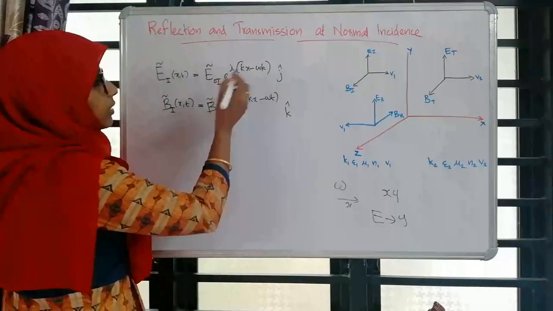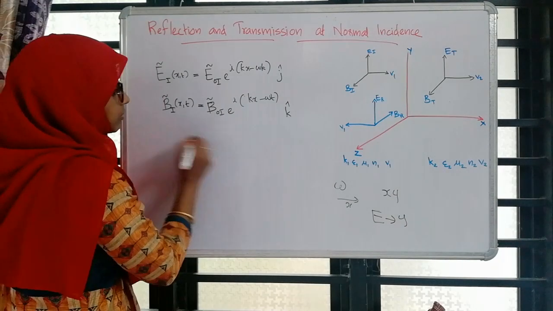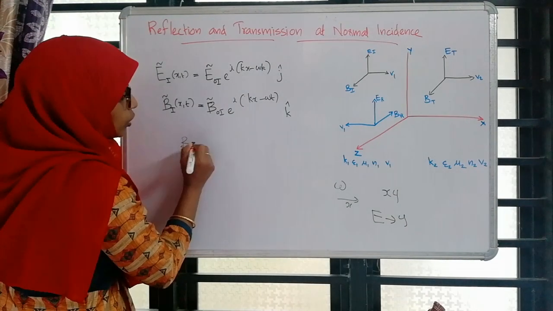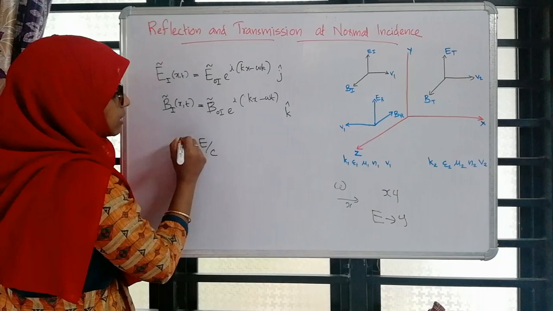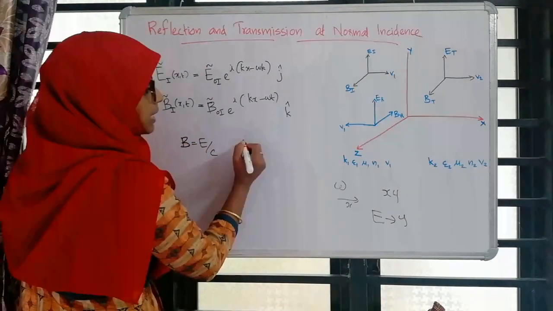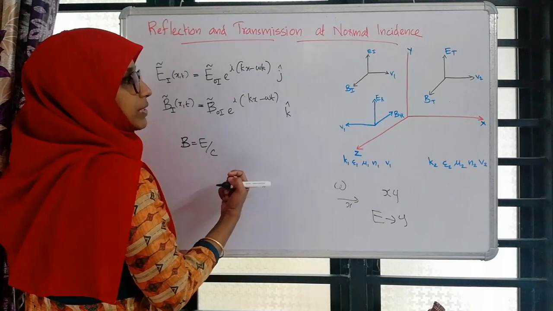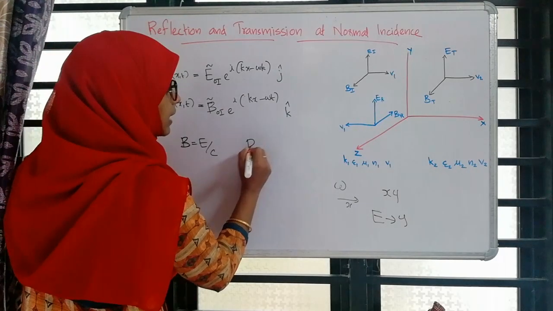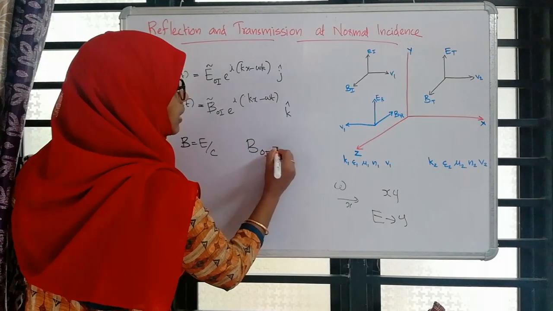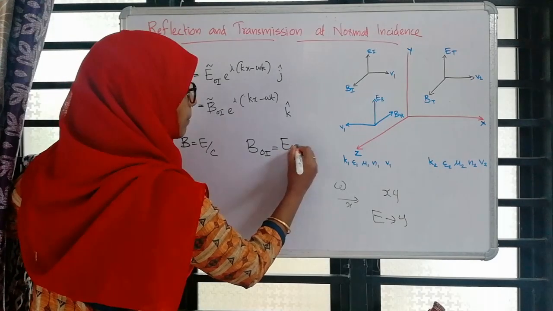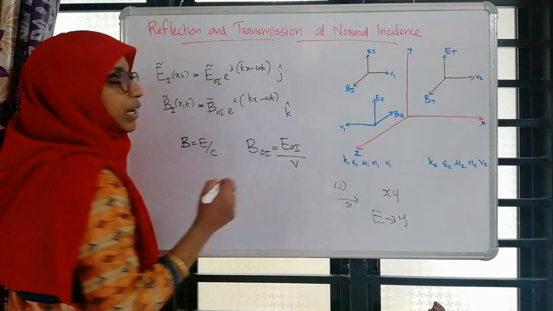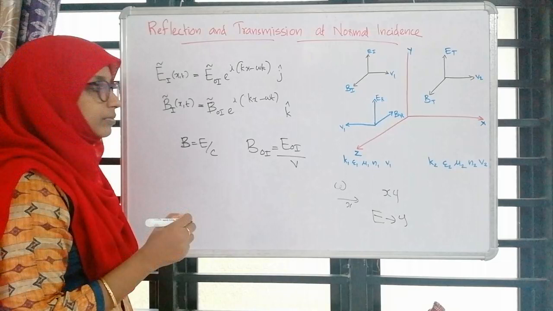And we can write B equal to E by C, as we know, for any linear media. We are considering here the boundary between two linear media. So, we can write B0I equal to E0I by V, which is the velocity of that media.